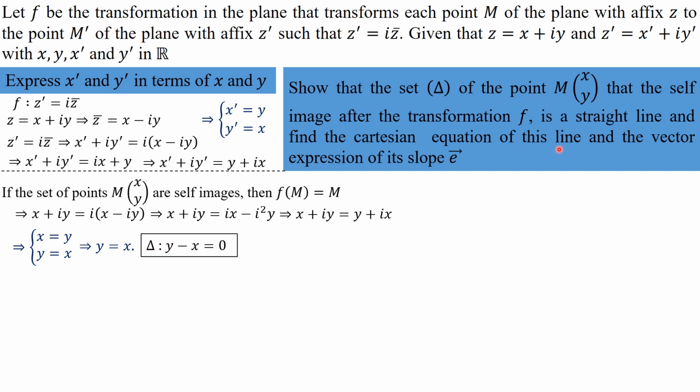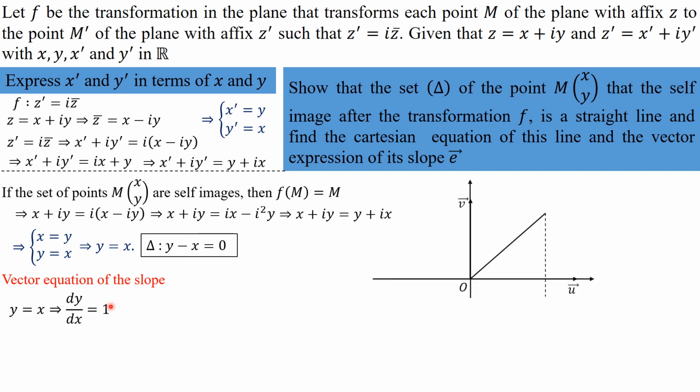Now the next is that we are going to find the vector expression of the slope. Now what is a slope? First of all, the slope of this line is just the change, that's the derivative of y with respect to x. So dy by dx is just equal to 1. So that is dy by dx, but we need the vector equation. So I'm going to display what we are going to do to get the vector equation.